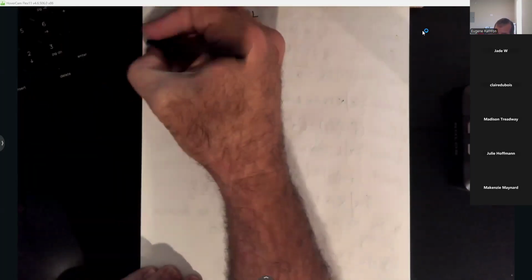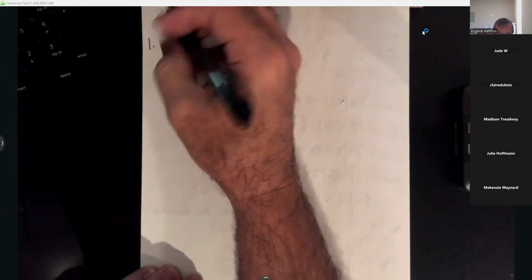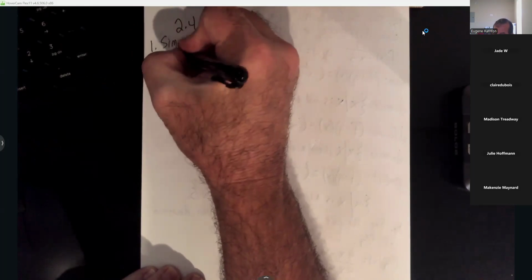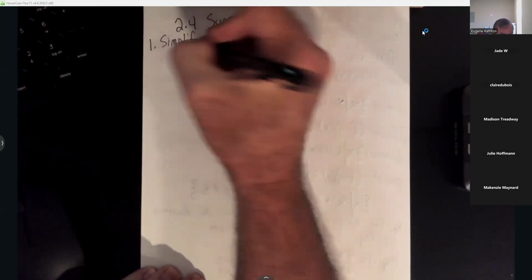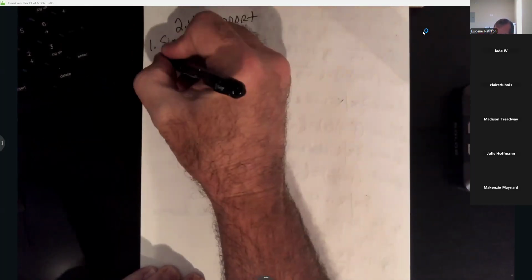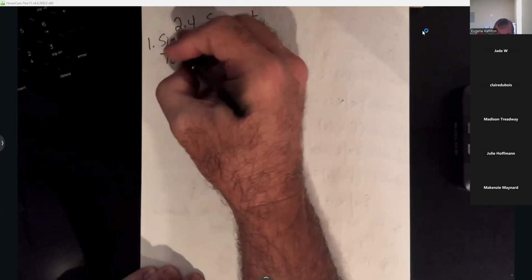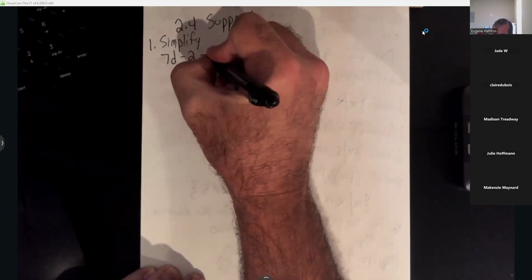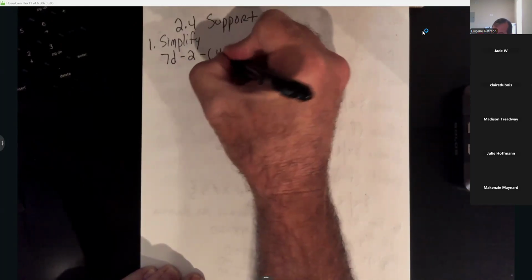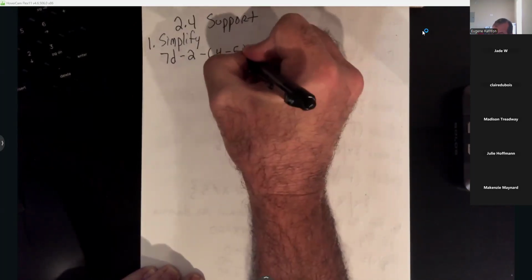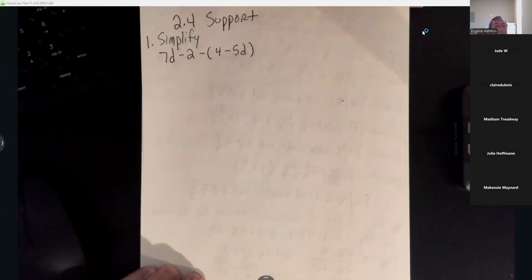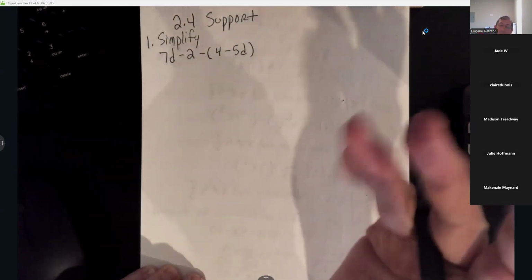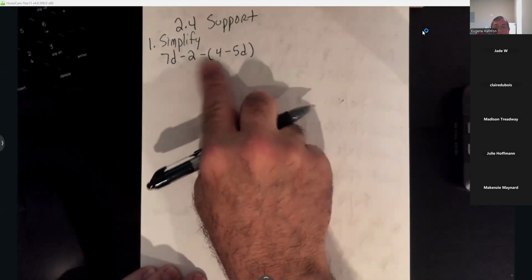So for the 2.4 support, the first one says simplify. They're giving me 7d minus 2 minus parentheses 4 minus 5d. So this one was to get you used to these subtractions of these parentheses.